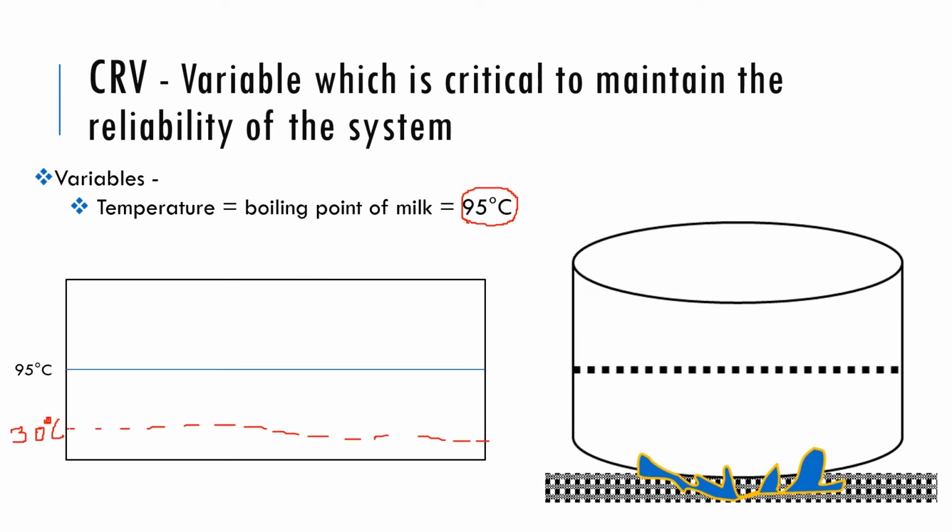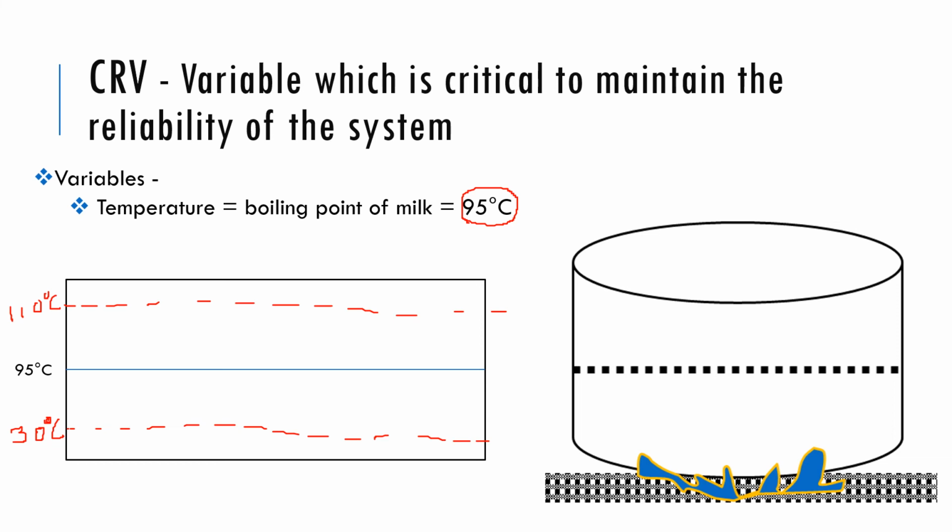So that is going to upset our system and damage the reliability, which means that we are not going to get the end result that we want. If we go to a very high temperature, say above 100 degrees Celsius, 110, then we may end up burning the milk and not stop it at the boiling point.